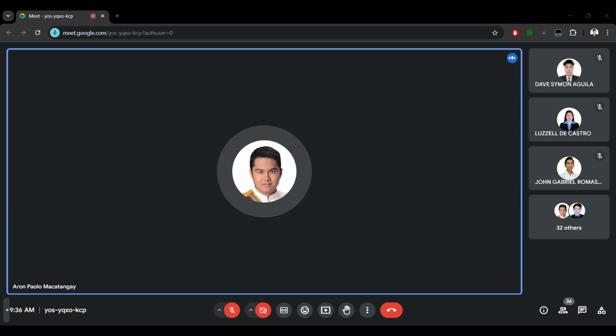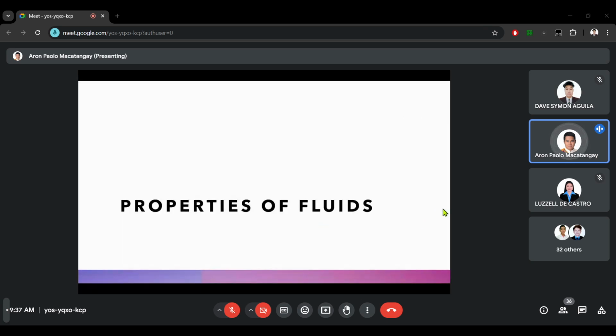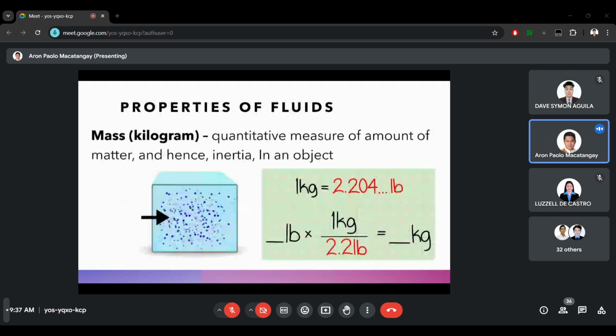Okay, so now we move over to properties of fluids. Before we start any topic, I want to have an overview of the common properties that we will encounter, especially for fluid mechanics problems. So the first property is the mass, which is usually shown with the units kilogram for SI. For English, we have pounds or some other variation of it.